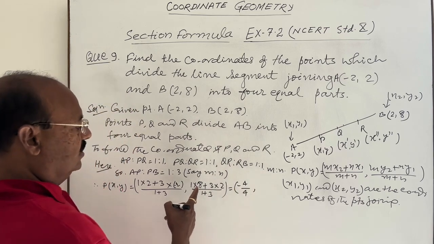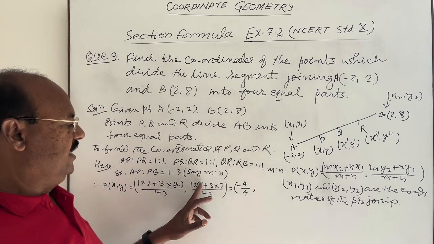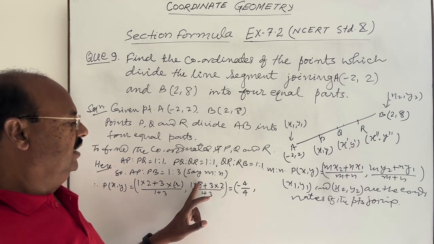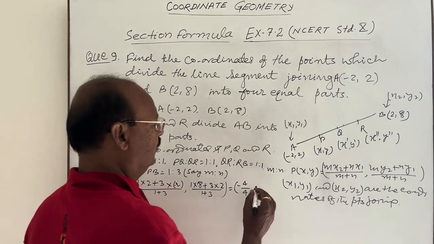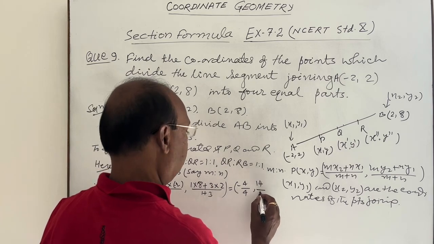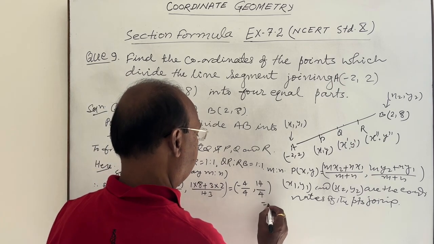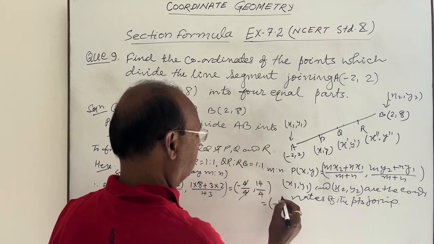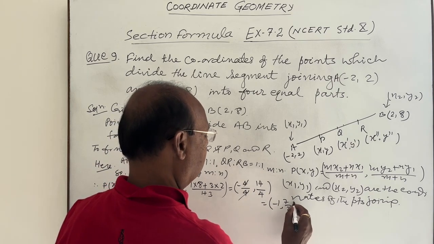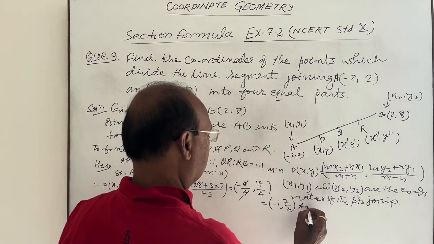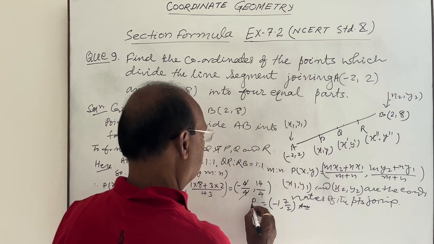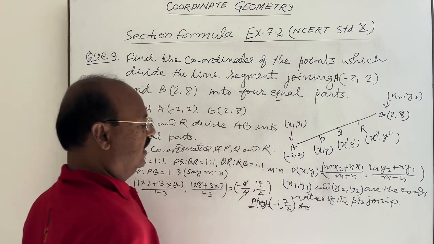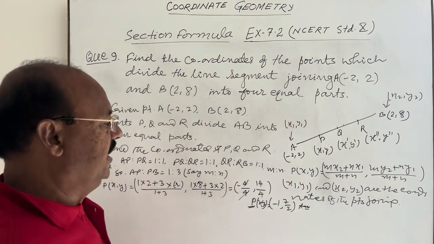For the y coordinate, 1 into 8 is 8, and 3 into 2 is 6. 8 plus 6 is 14, divided by 4. So finally we get minus 1 and 7 by 2. This is one answer, the coordinates of point P: minus 1 and 7 by 2.